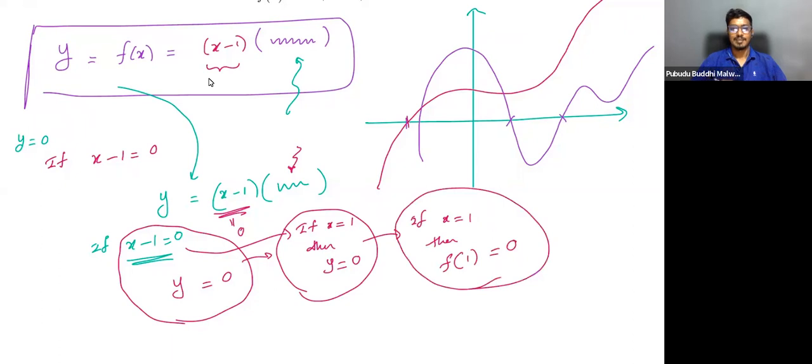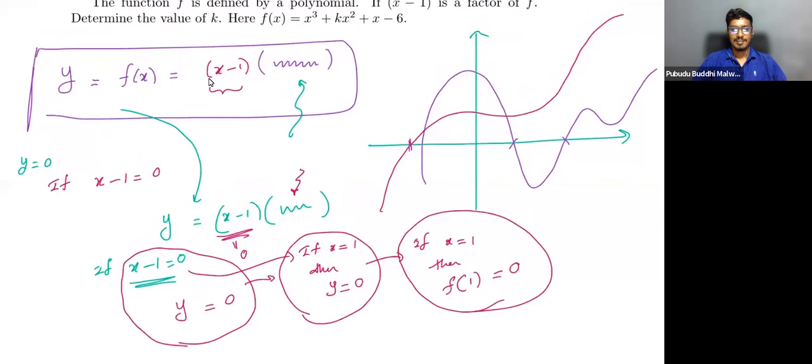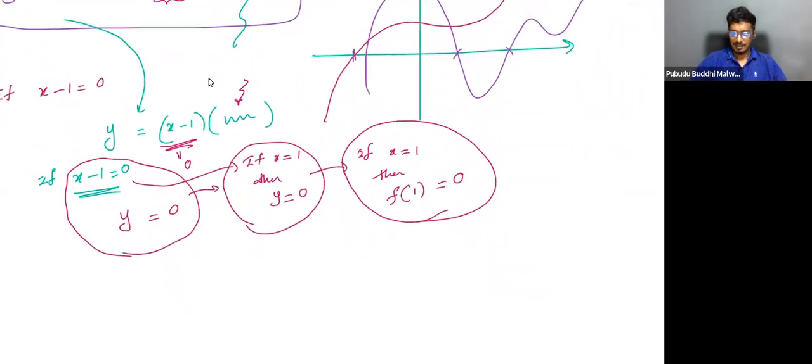That's the idea, right? So in other words, I can draw the graph. This is not the exact graph, we can't draw that. But we know for sure when x equals 1, y equals 0, which means the graph should go through this point.